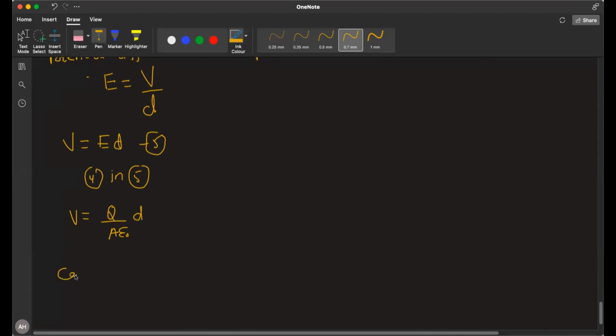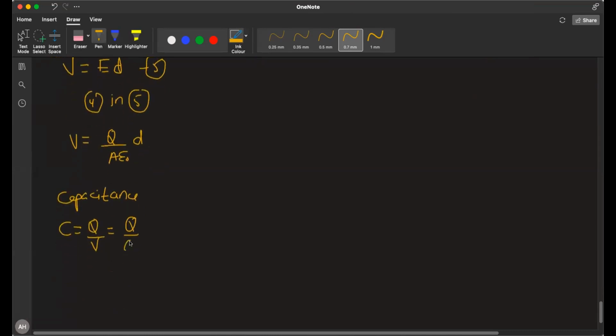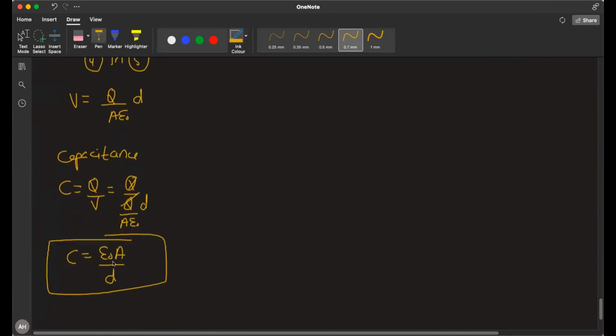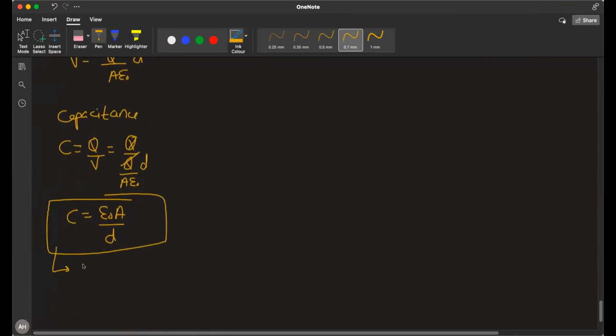Capacitance C is Q by V, so it's Q by Q D over A epsilon naught. Q cancels out, so the capacitance is epsilon naught A by D. This is the capacitance of a parallel plate capacitor.